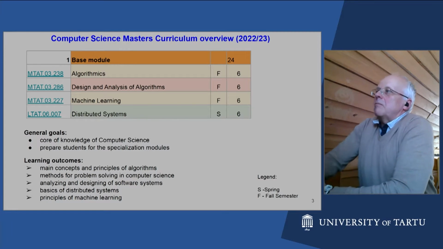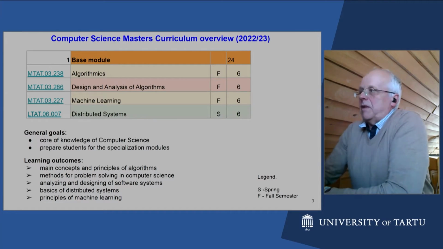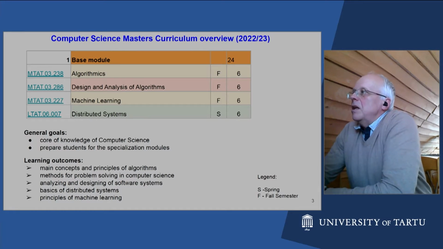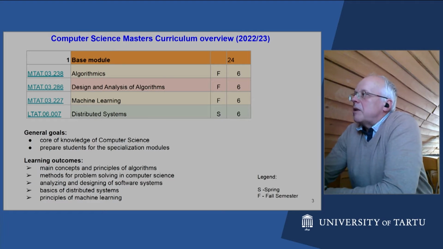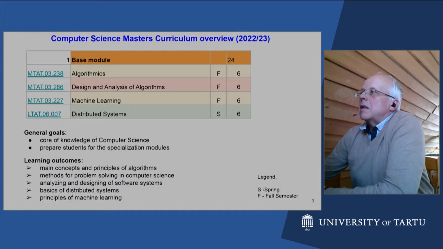So now more specifically about the modules. As I said, the base module consists of 4 courses. 3 of them are scheduled for the first semester, and it's very essential for you to pass those courses on the very first attempt. The algorithmics course is the very basis of all computer science we are teaching here.